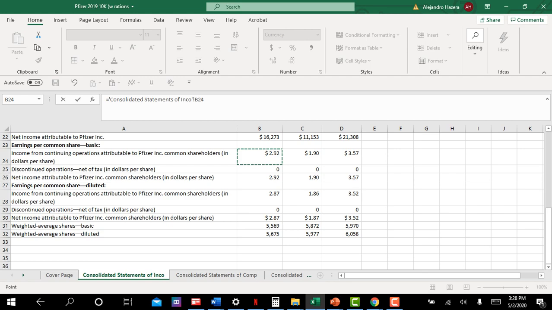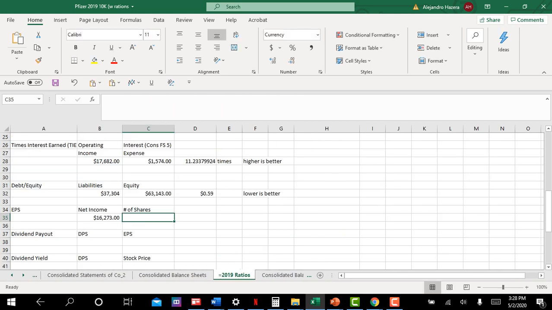So we should end up getting $2.92. Now, I'll show you how they're getting that $2.92. What they're doing is exactly what we're about to do. Well, let me get the shares in first, and then I'll make the comparison.